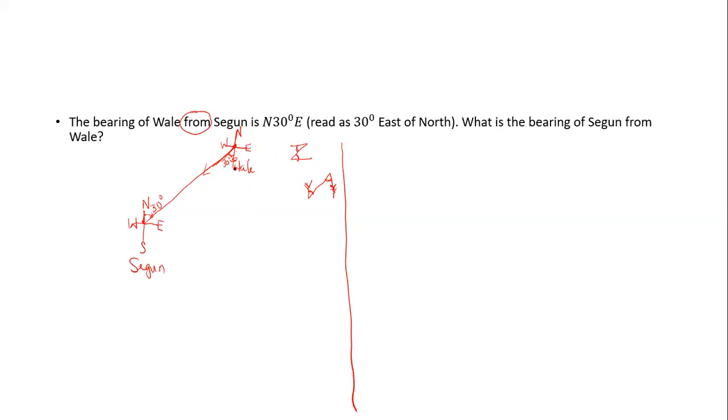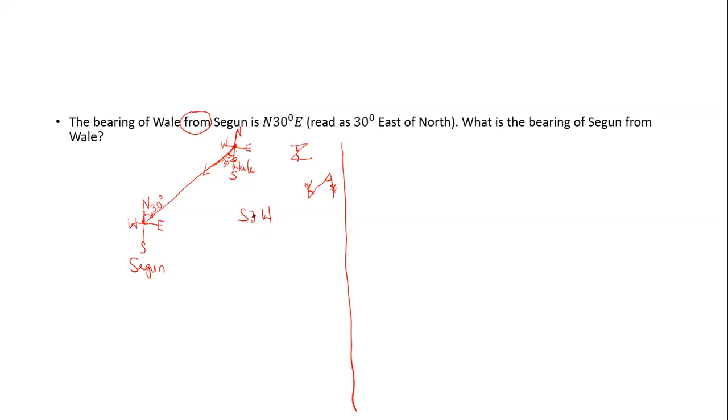So if that is 30 degrees, and this is south, this is west, it means if you actually want to locate Segun and you are at Wale's place, Segun is between south and west of Wale. Now, at what angle is it? You realize that it is at angle 30 degrees away from the south towards the west.